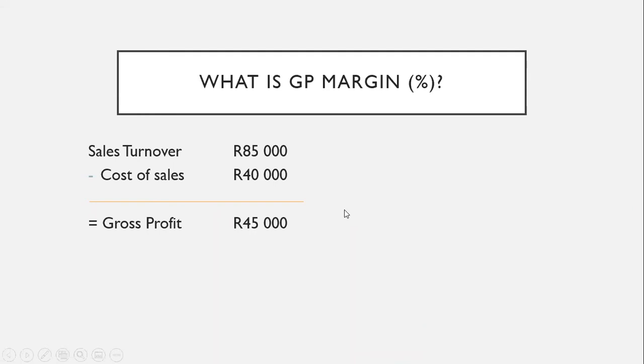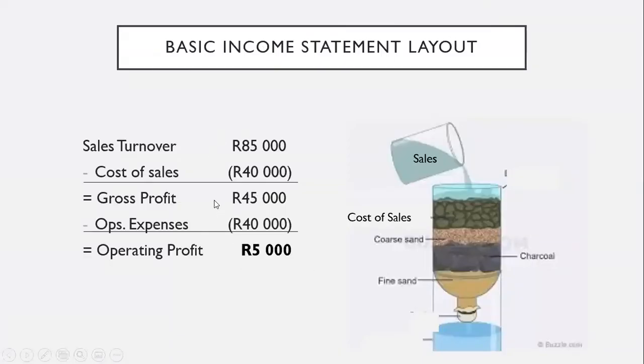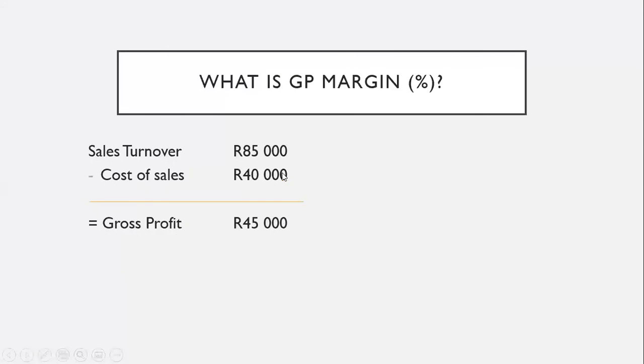percentage. And when we're dealing with our income statement, what we do is take everything as a percentage of turnover. So if I go back to this income statement that I used earlier, I've just taken this top section over here, and we're going to calculate what your gross profit margin is.